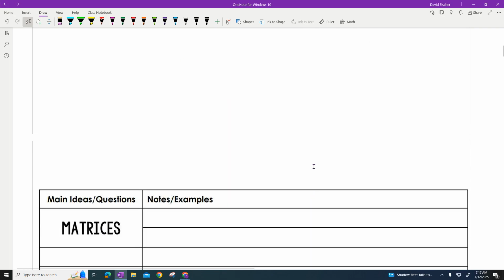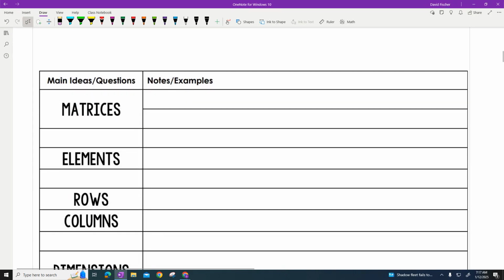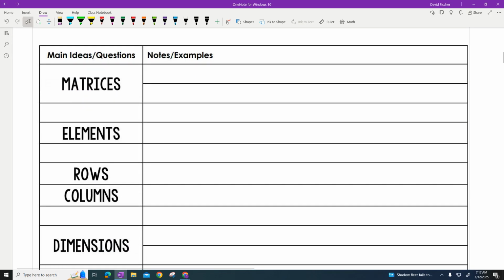All right. Let's go to a couple definitions that you're going to need here. Now this sounds kind of weird, but a matrix is a rectangular array of data in rows and columns. Probably never heard of an array before.